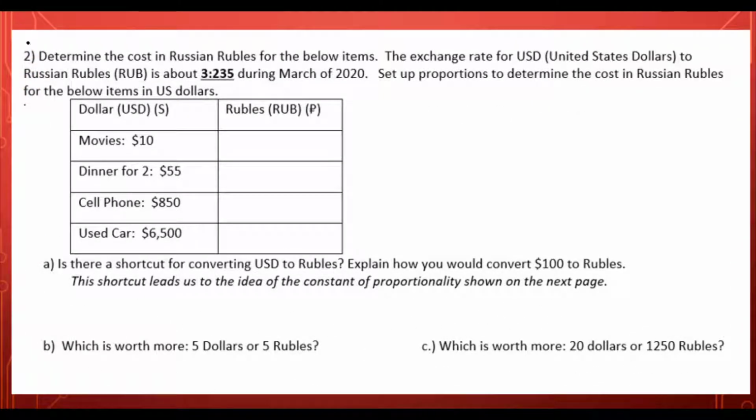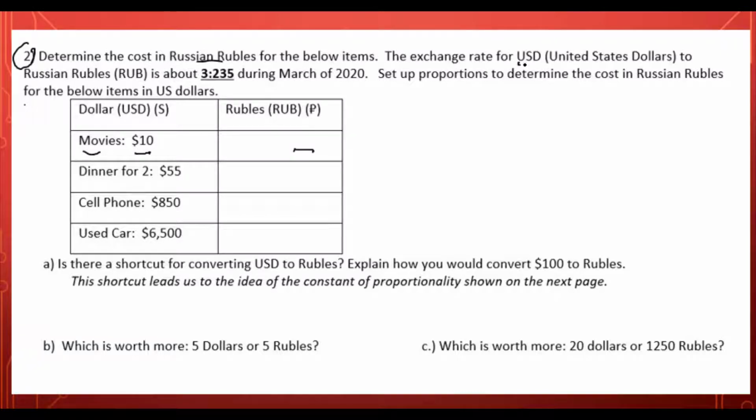So in problem 2 here, we want to determine the cost in rubles for the below items. And it gives us the cost in dollars. So this sort of reinforces the idea too that purchasing power, $10 has the same purchasing power for a movie as how many rubles, which is the Russian currency. And here's the exchange rate.